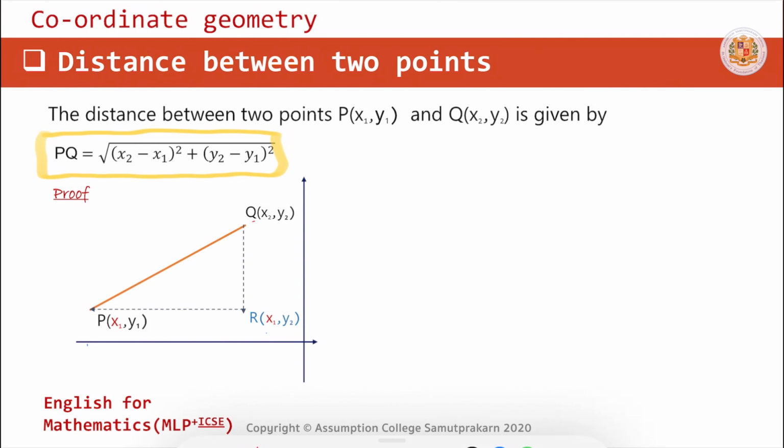the Pythagorean Theorem. Consider the given points P (x1, y1) here and Q (x2, y2) here.